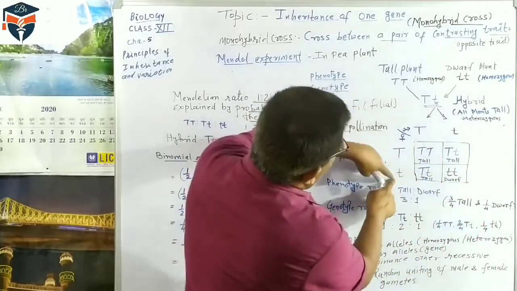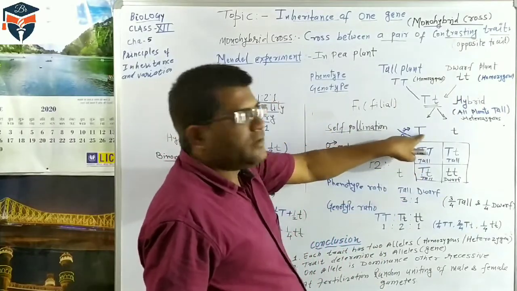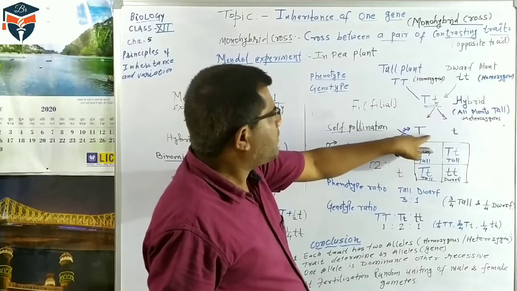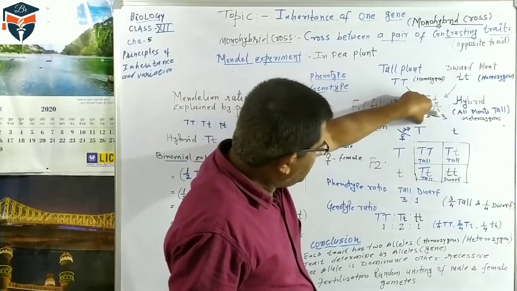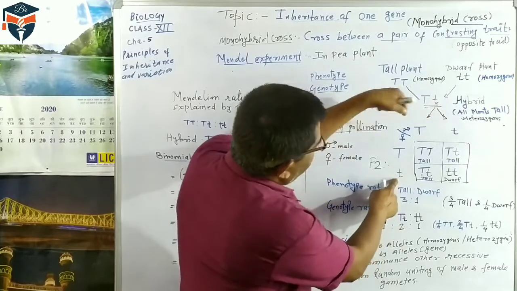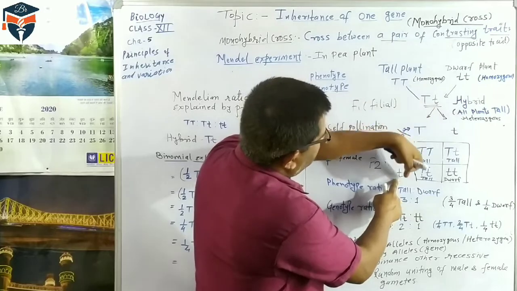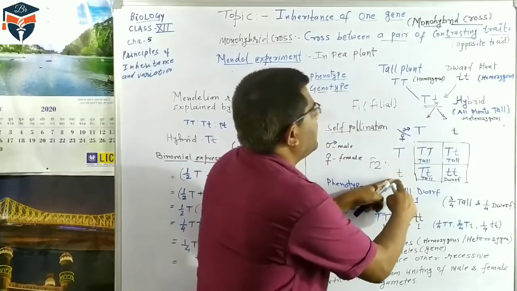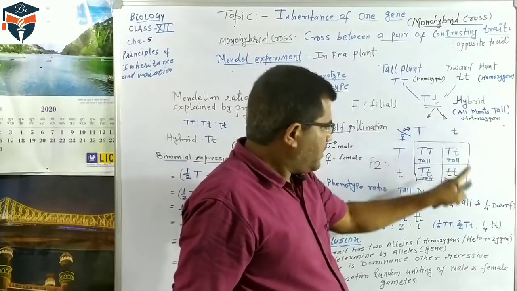We can write the small t earlier also, but capital T is a dominant allele, so we should write the dominant allele first. Then small t crossed with this capital T gives capital T and small t. Now this small t is crossed with this allele.